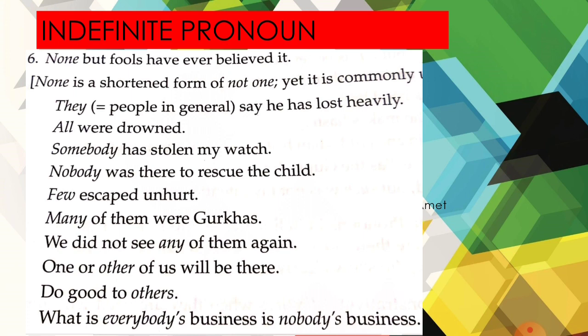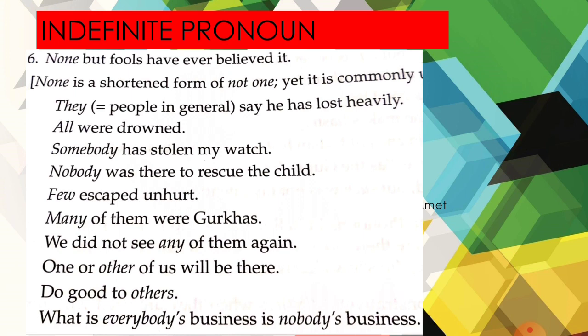Somebody has stolen my watch. Somebody here. Nobody was there to rescue the child. And nobody here. Few escaped unhurt. Just gives us an idea that there are a few people, but who they are, we have no idea. Many of them were Gurkhas. So, many.